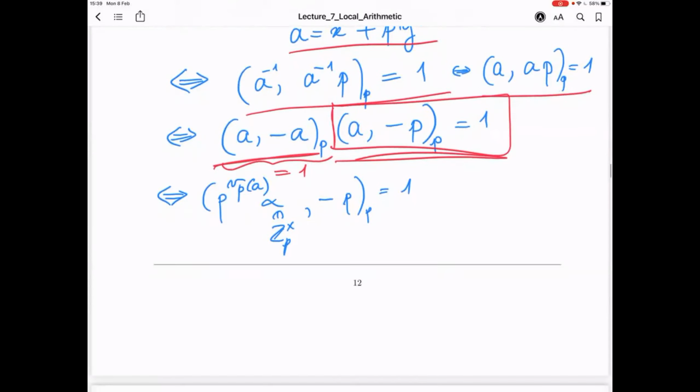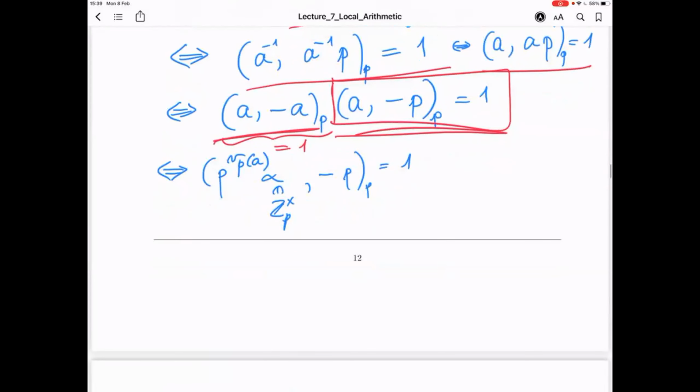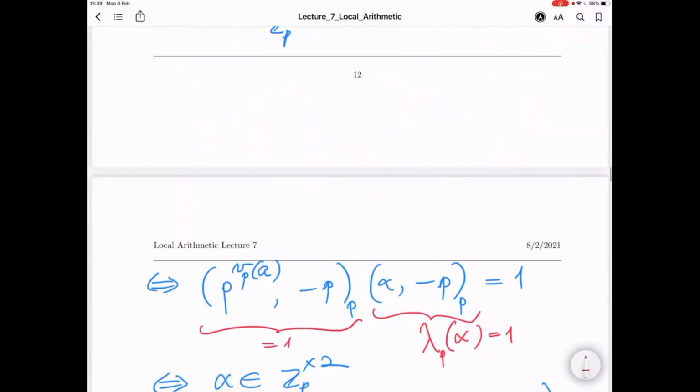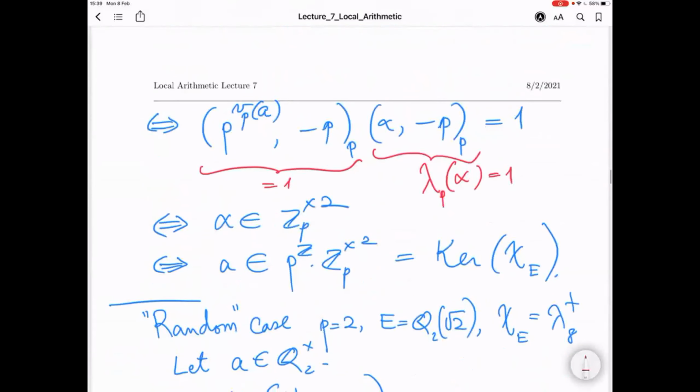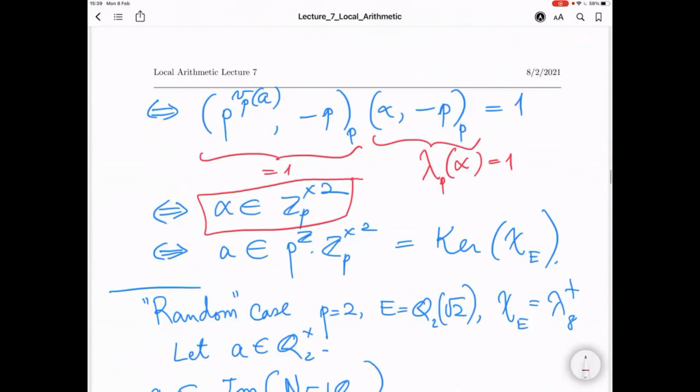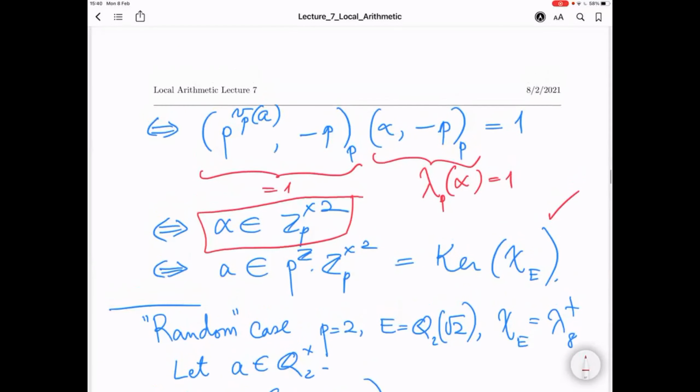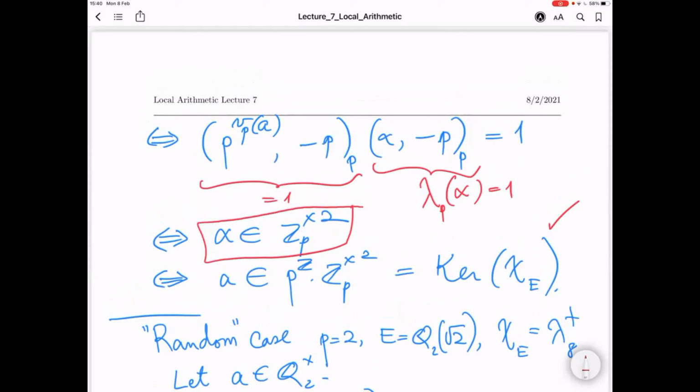And this is equal to 1 if and only if this unit alpha is a square. So in a sense, we have already done these checkings, but in a different sort of context.